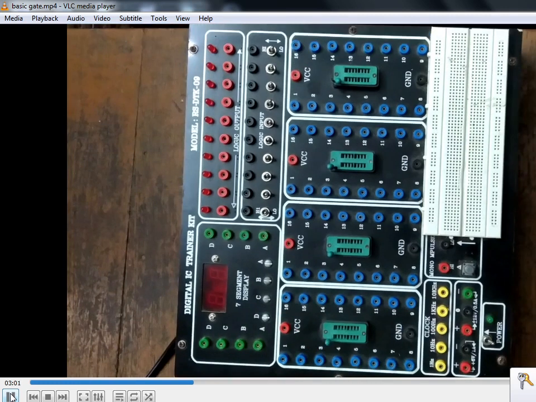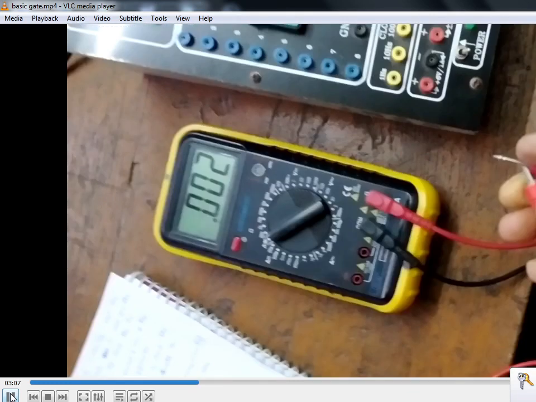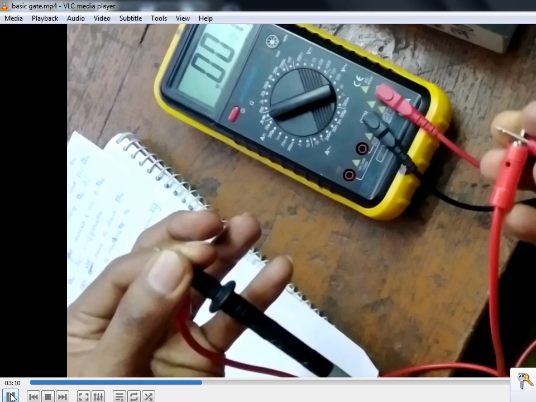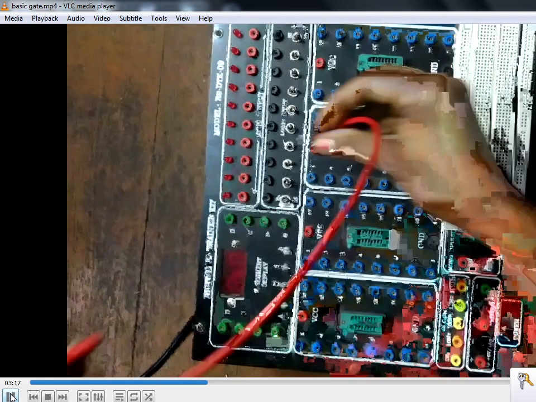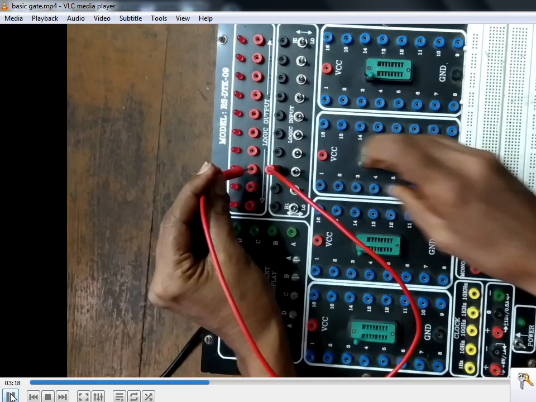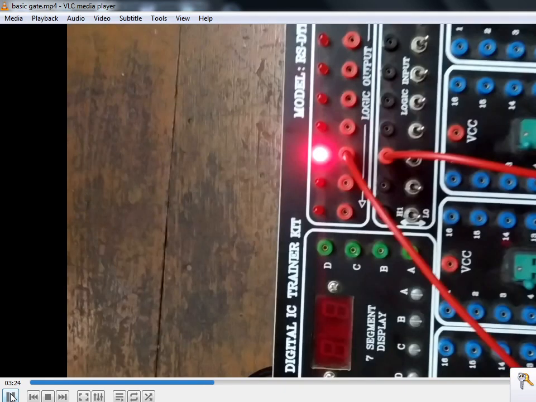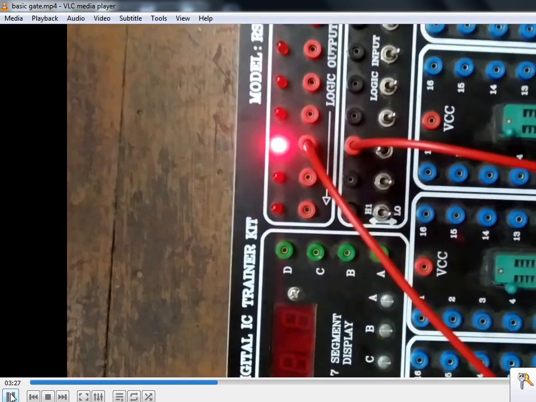Before we rig up the circuit, we need to check the continuity of patch cords by using a multimeter like this, or directly we can connect the input to the output like this. If the LED glows, the probe is in good condition, else it is out of order.